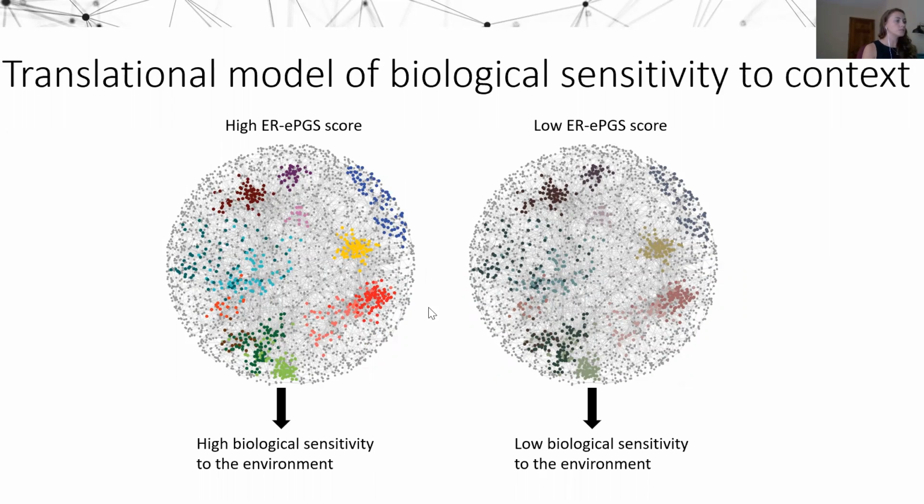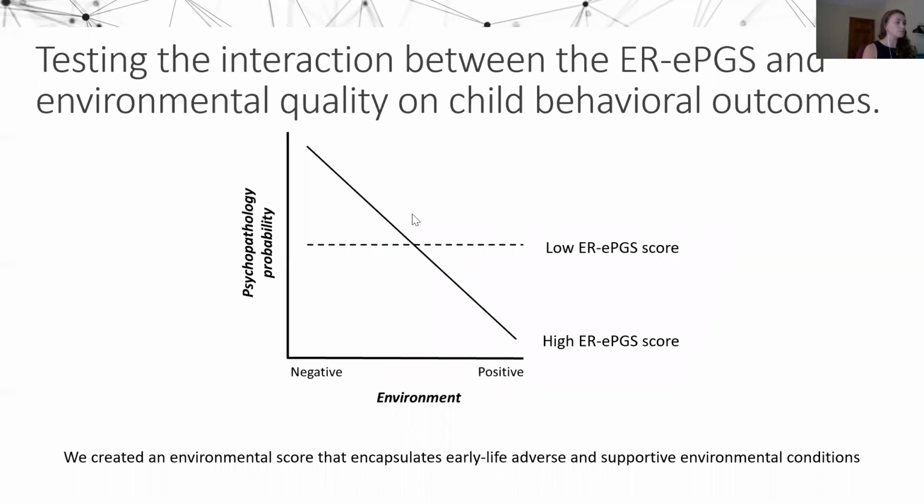We then split the sample by the median such that individuals with a high polygenic score should show high biological sensitivity to context, and those with low environmentally responsive polygenic scores should show low biological sensitivity to context. And that is depicted here. This is our hypothesis that individuals with high polygenic scores should be very plastic and respond to both positive and negative environments.